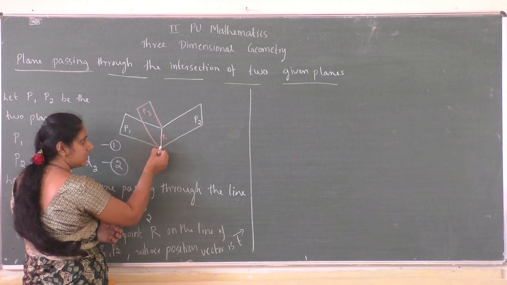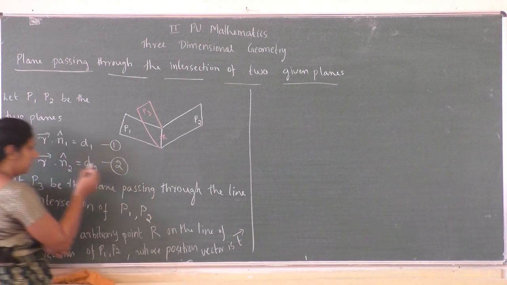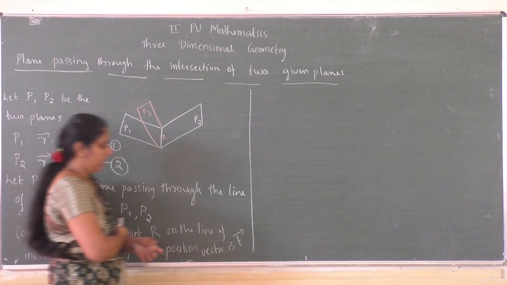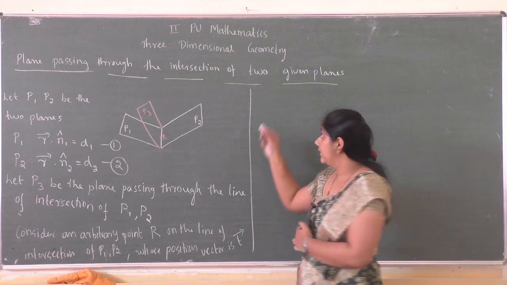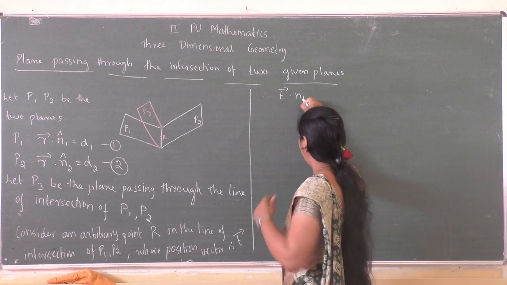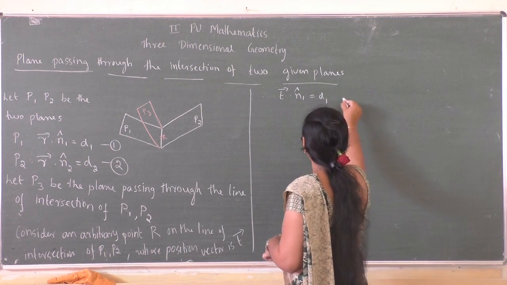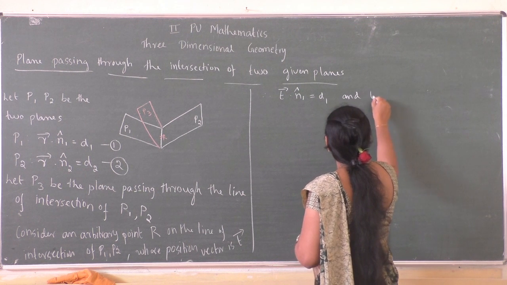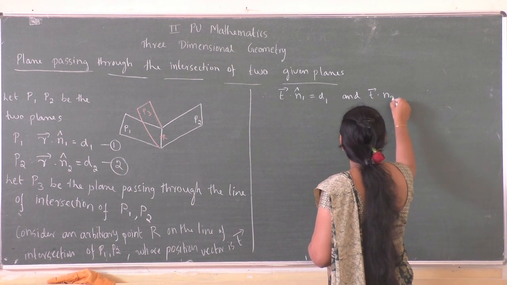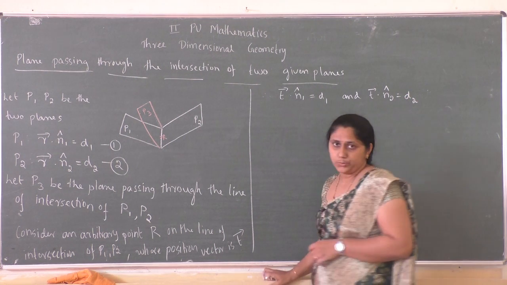Since this line is common to both P1 and P2, this T vector must satisfy both equation 1 and 2. Therefore, you can write this as T vector dot n1 cap is equal to d1 and T vector dot n2 cap is equal to d2.